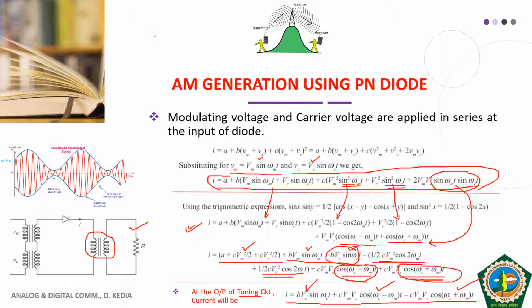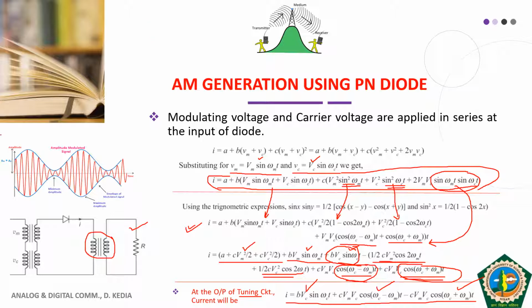The underlying idea is that we have to use the non-linear resistance characteristic, remove the unwanted components, and keep the desired components. The rest of all the things are very, very simple. So this is the method through which we can generate double sideband full carrier AM using a PN diode.